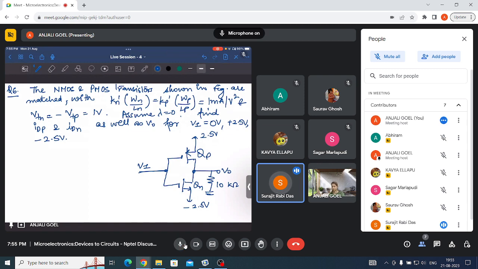For Vi equal to 0 volt, both transistors will be in saturation and current will be 1.125 milliamps.